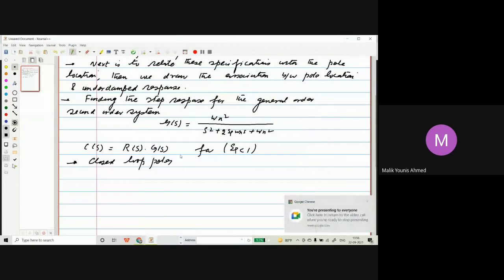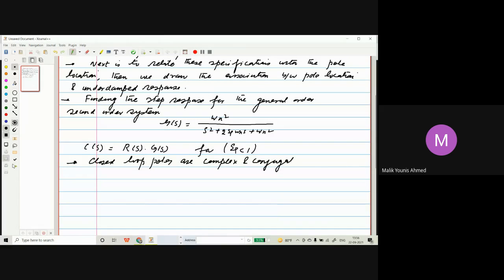So closed loop poles are complex and conjugate. And they will lie on the left half of the S plane, that you already know.